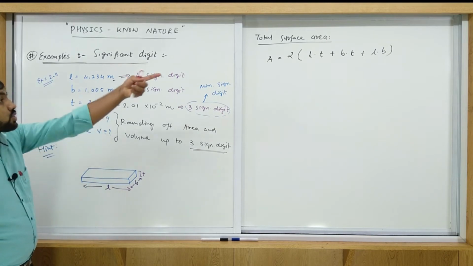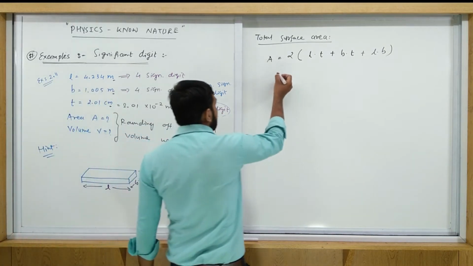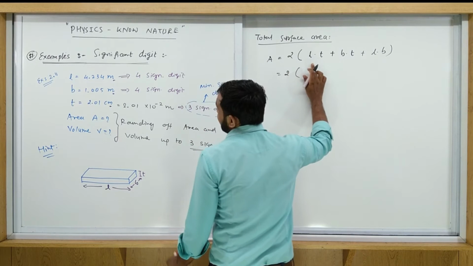Put all these values here. So 2 times, what is L?